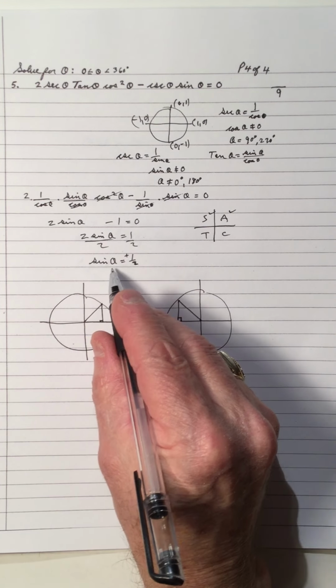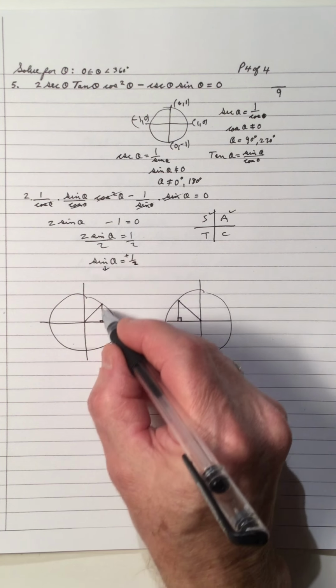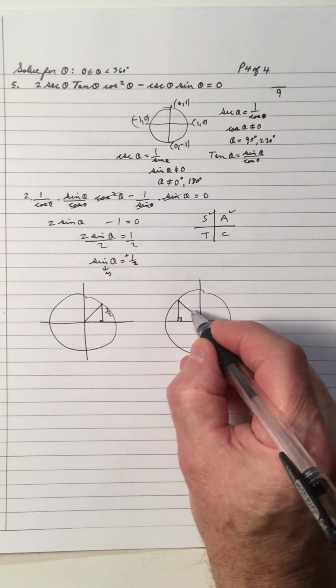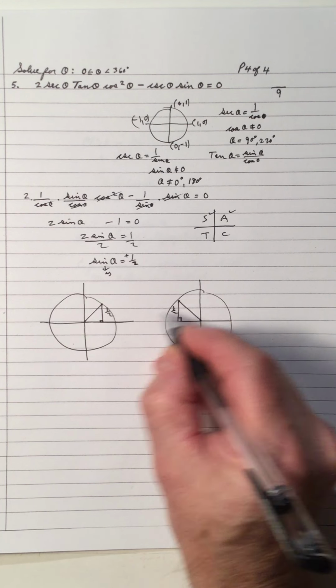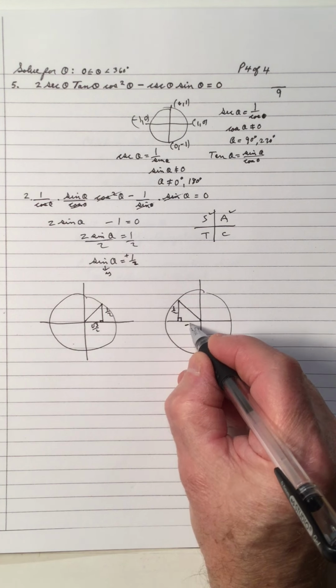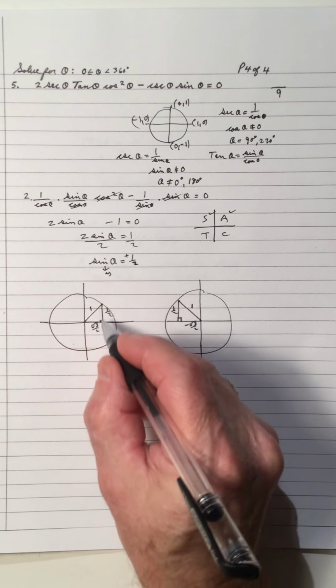Sine is the y, so the y is 1/2. The x is root 3 over 2 in this quadrant, but negative root 3 over 2 in that quadrant. Hypotenuse is 1 and 1.